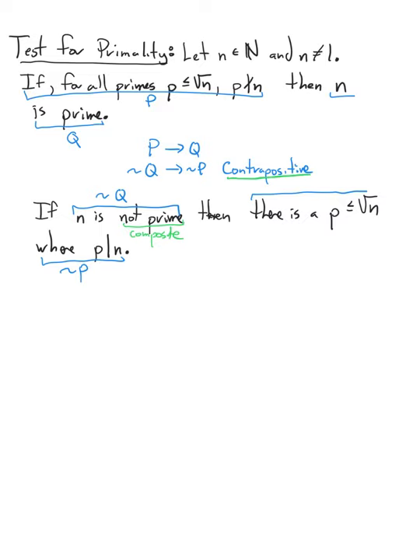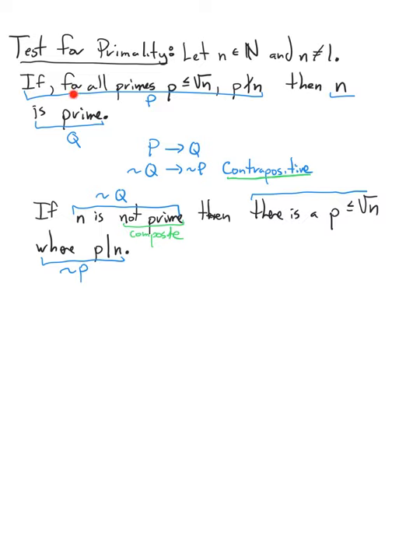If n is not prime, so remember, n's not 1. I stated initially that we're not counting n to be 1. So if n isn't prime, and we said it's not 1 anyway up here, then n must be composite. If n is a composite number, then the negation of p. So what's the negation of p? Well, we needed to negate for all primes less than the square root of n, p isn't a factor. So remember, we're negating a universal quantifier, a for all.